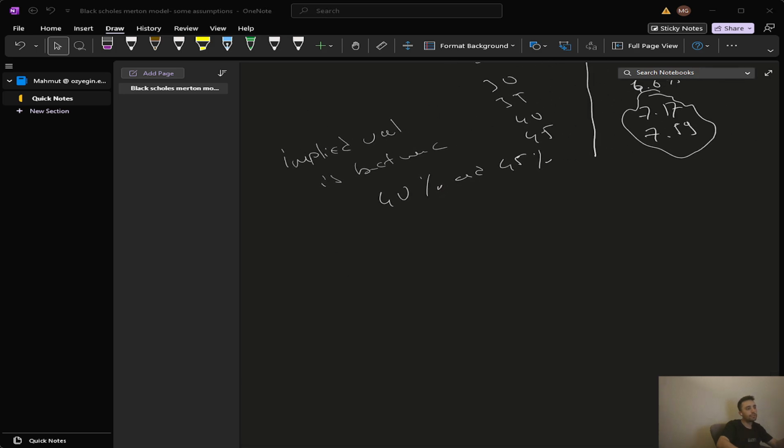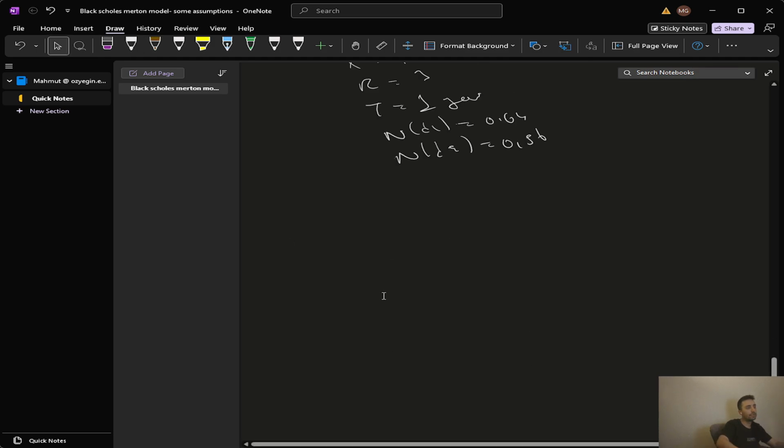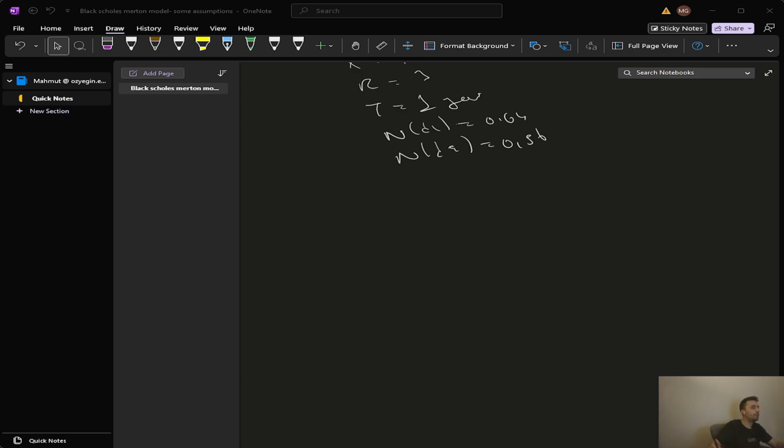If spot is 100 and the exercise price is 100, the risk-free rate is 3%, time to maturity is 1 year, and N(d1) is 0.64 and N(d2) is 0.56, we need to put all the numbers into the BSM call formula.